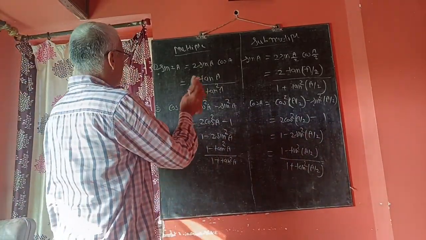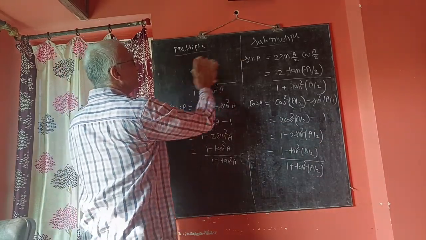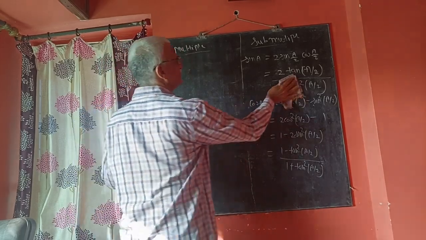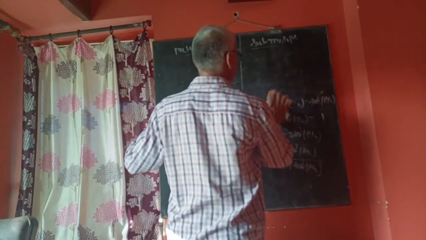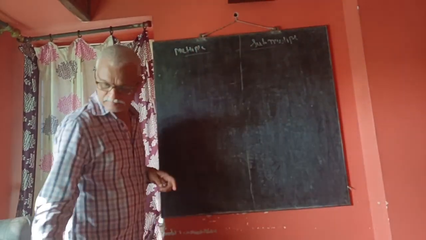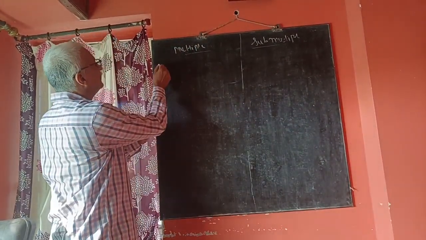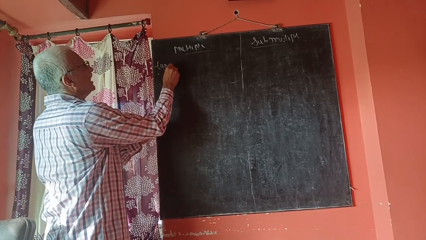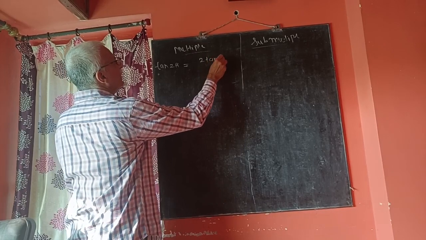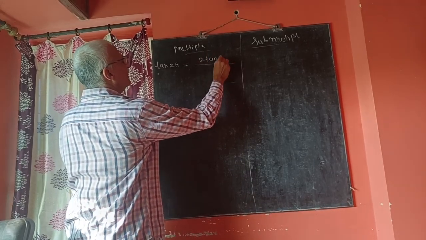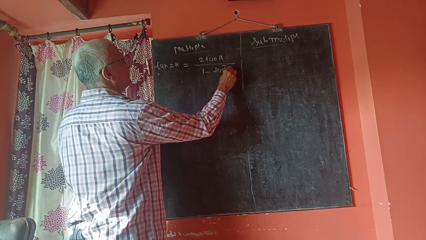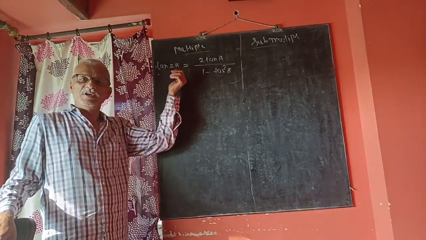Now comes the third one, the formula for tan 2A. Tan 2A equals 2 tan A divided by 1 minus tan square A. It is similar to sin 2A.